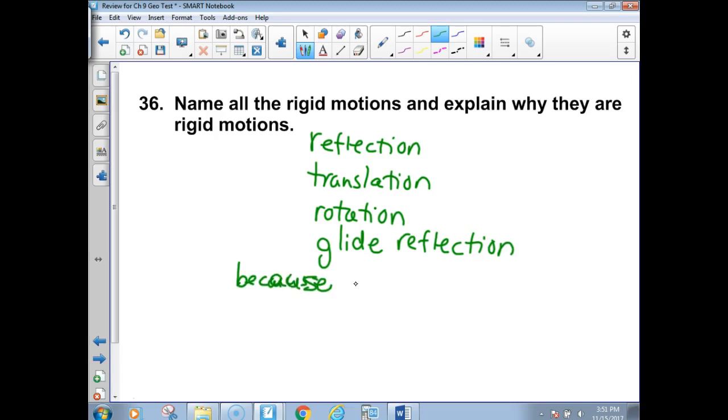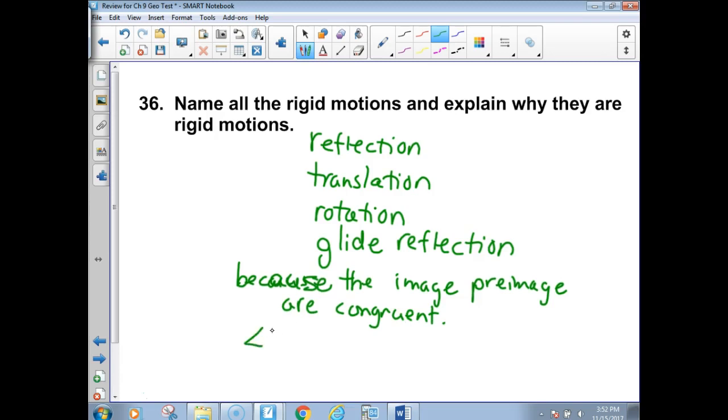because the image and pre-image are congruent. Now that's one way to say it. Another way to say it would be, why are they congruent?